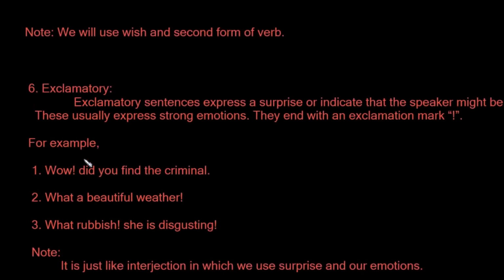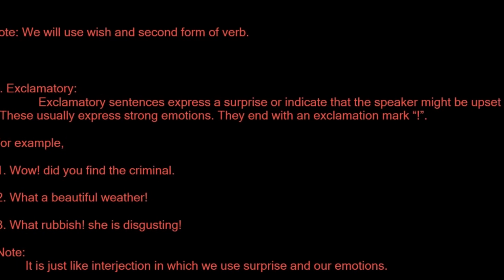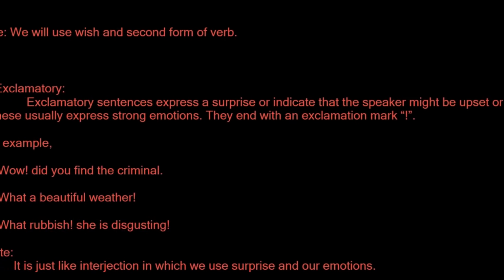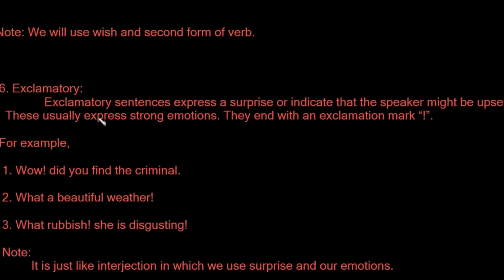Okay, the sixth one we have is the exclamatory sentences. Exclamatory sentences express a surprise or indicate that the speaker might be upset or very pleased. So these usually express strong emotions. They end with an exclamation mark.